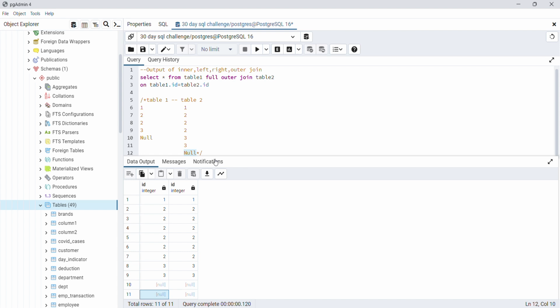Yeah, so these are the results for the inner, left, right, and outer join. It really gets interesting when null is getting included. I faced this question in the Swiggy Data Analyst interview.